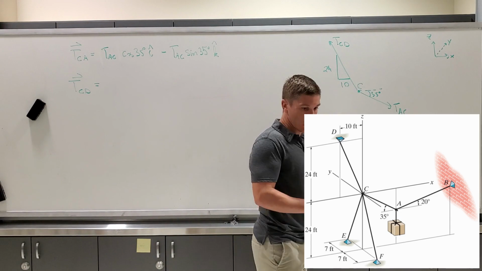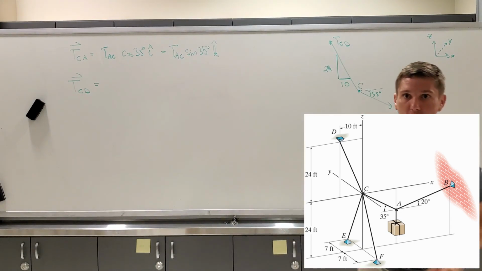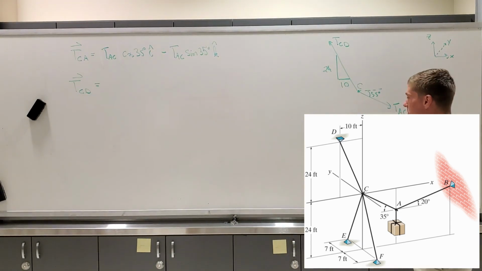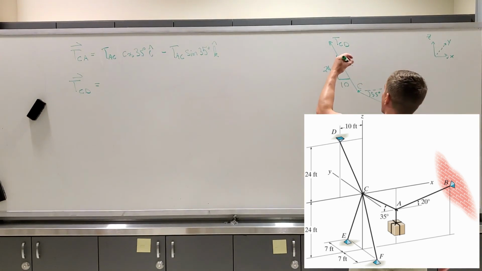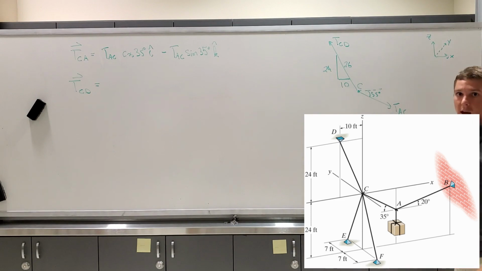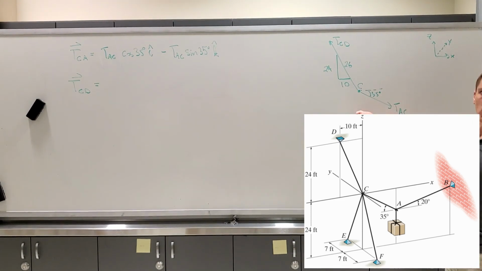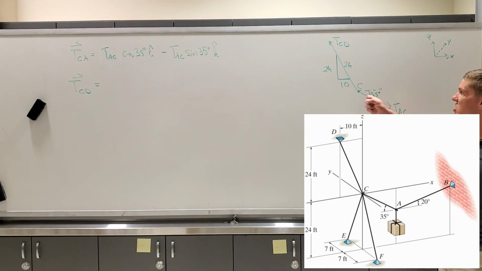I can use Pythagoras' theorem to determine the length of the cable. So I do 24 squared plus 10 squared, square root of that, and the answer is in fact an even 26. So now I have a slope triangle which is 24, 10, 26. With the slope triangle, we don't have to do cosine of angles. We can just use the similar triangles method to determine our dimensions.